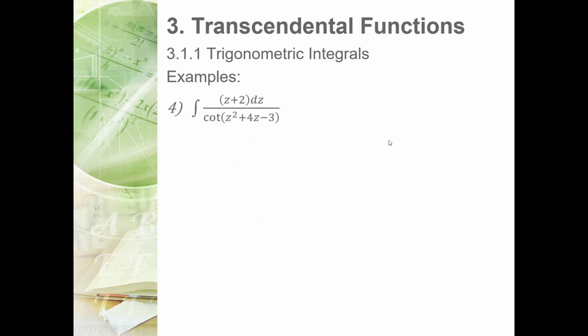Okay, so let's go to number 4. We have here the integral of z plus 2 dz all over cotangent of z squared plus 4z minus 3.